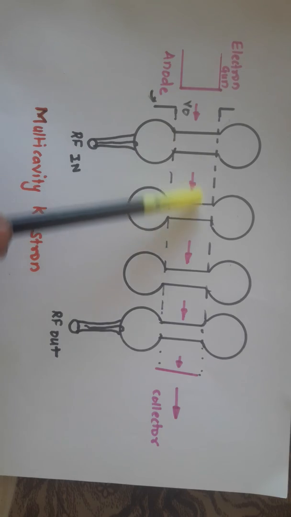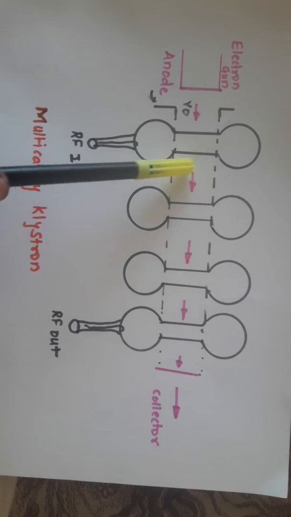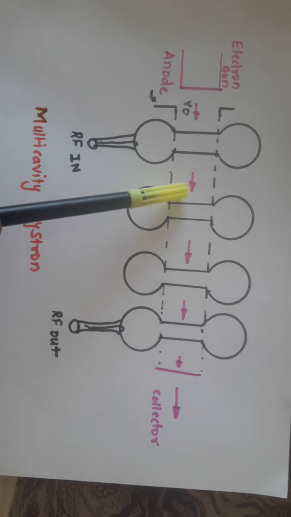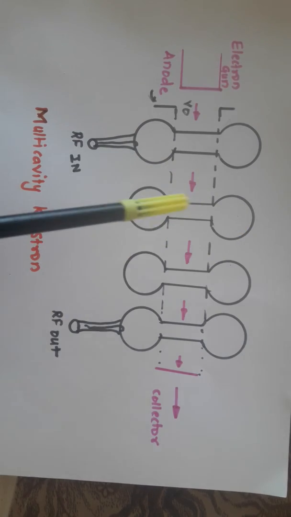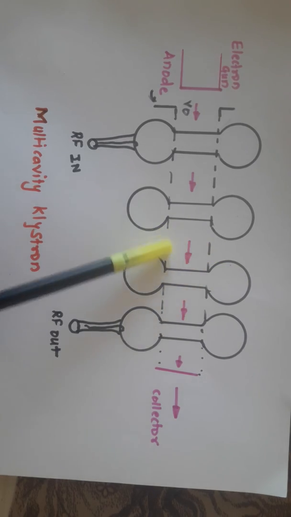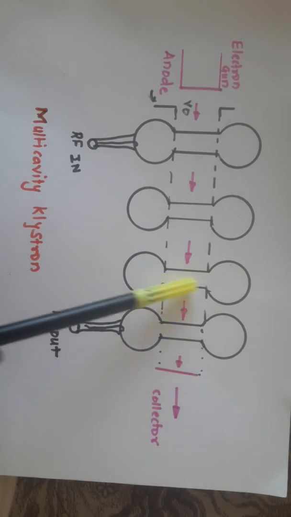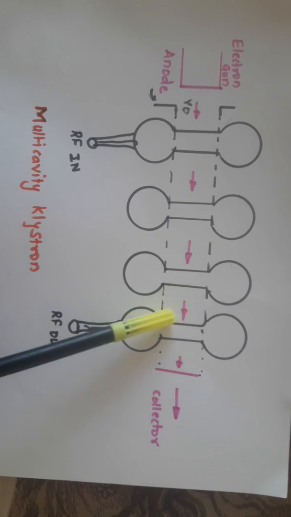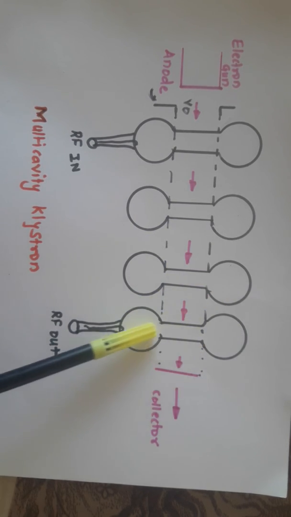Suppose we get some X voltage here, an amplified voltage. Now in the second intermediate stage, this RF voltage gets enhanced, so we get an enhanced voltage here. Then in the third stage, once again the voltage gets enhanced, and finally this voltage comes out at the RF output.